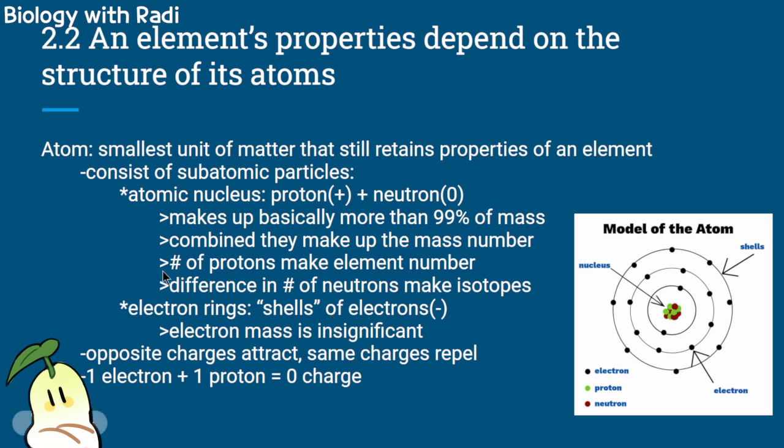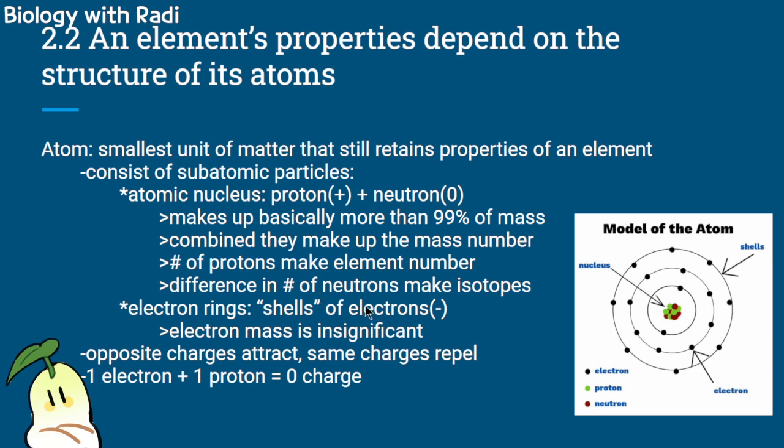And then next, the number of protons makes up the element number. For example, hydrogen has 1 proton, and if it has more protons than that, then it's not hydrogen anymore. And the next is that a difference in the number of neutrons makes isotopes.